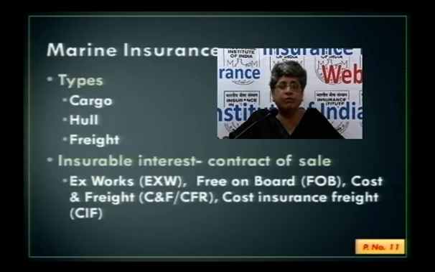The type of contract of sale that the seller and buyer have entered into decides the insurable interest. So the first type of contract, and these are known as Incoterms, is Ex Works. Short form you see on your screen, EXW. Ex Works means that the buyer will take delivery from the seller's manufacturing site, warehouse, and the buyer therefore will take insurance and arrange. Seller does not need to take the cargo insurance.